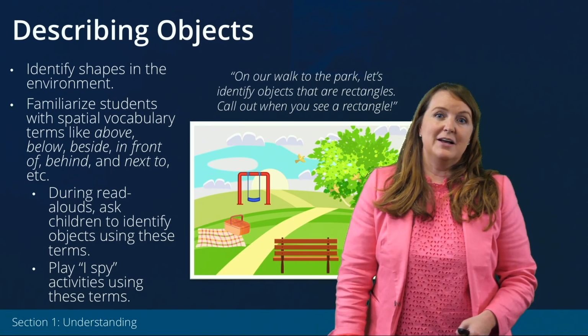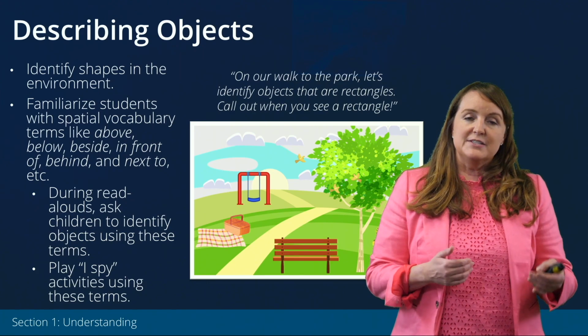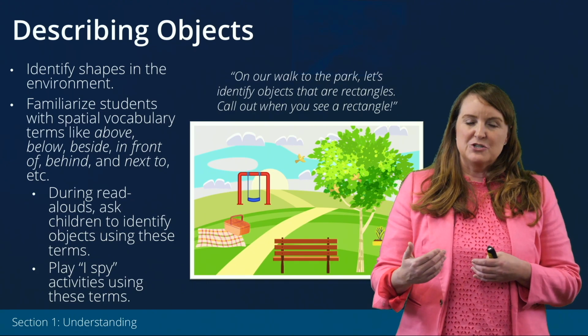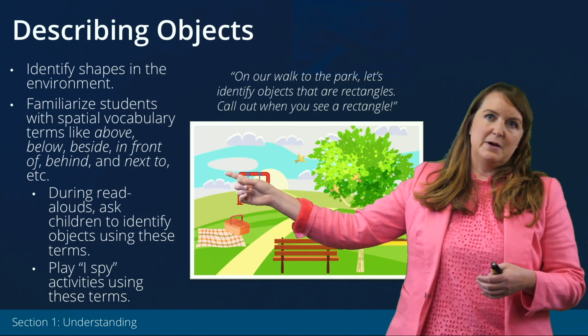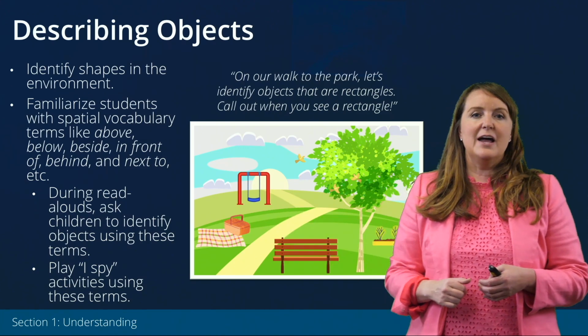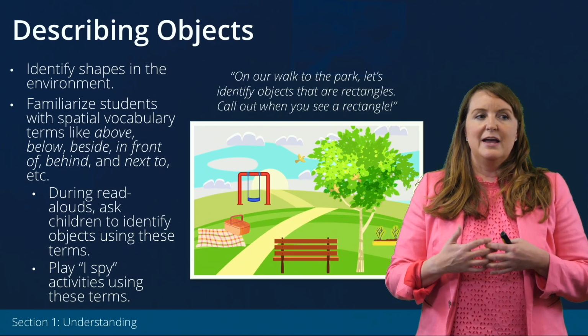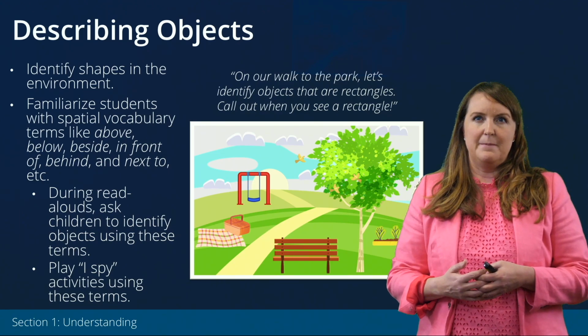Or maybe if I climbed on top of it, I'm on top of the bench. So besides that formal language of the shapes, we have a lot of that spatial language, or sometimes it's called positional language, and you can see some other examples right over here on this slide. That language is also important for students to understand how they relate to things in the environment around them.